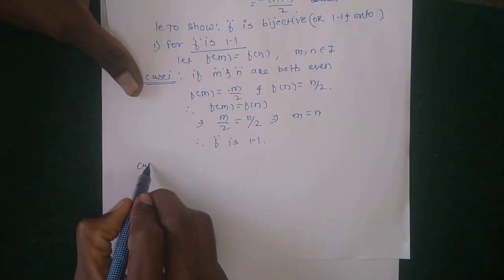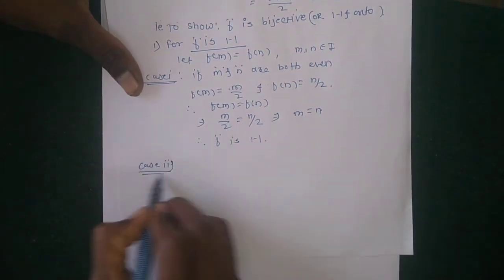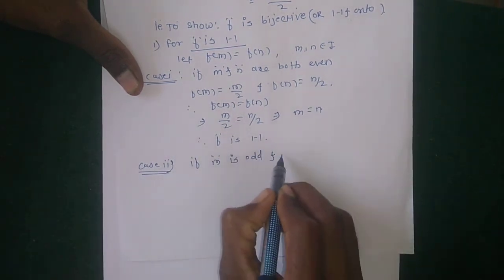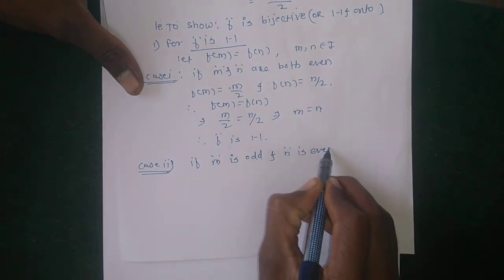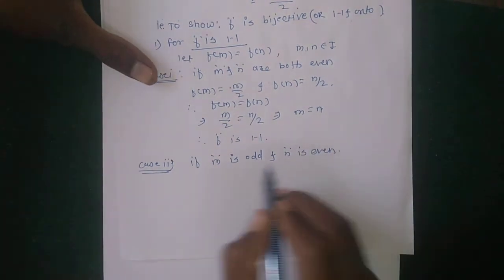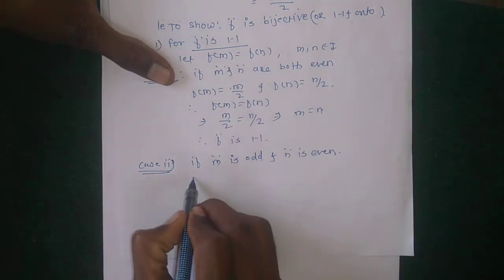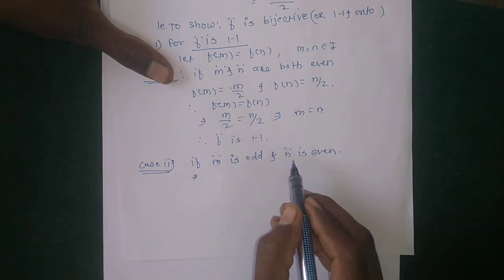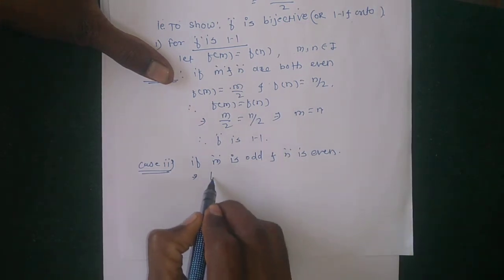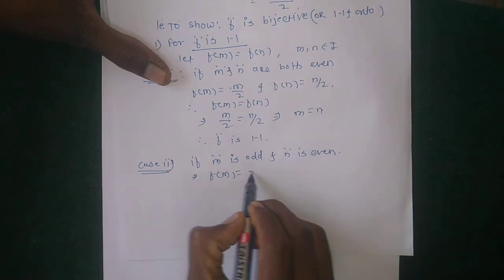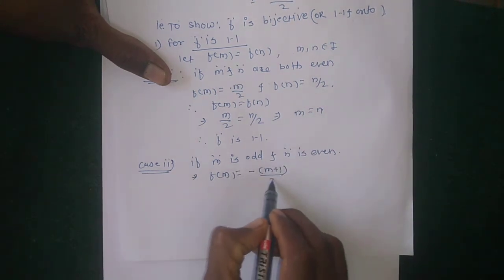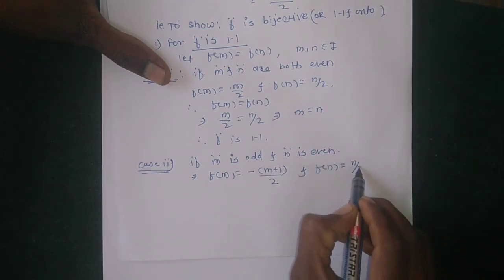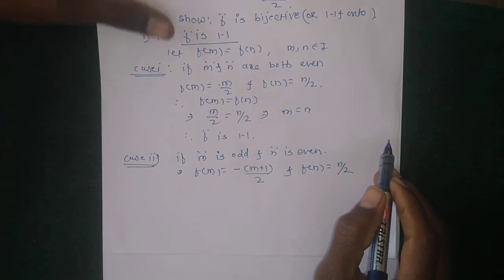Okay, then case second. For the second case, suppose that m is odd and n is even, which implies that m and n are not equal. M is odd, which implies that f of m is equal to minus m plus 1 by 2, and n is even, so f of n is equal to n by 2.